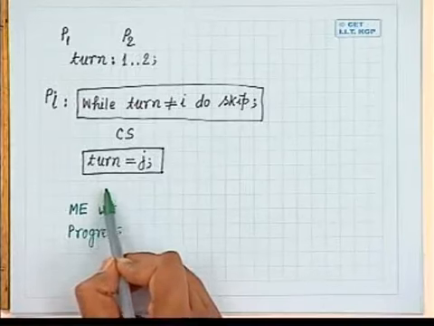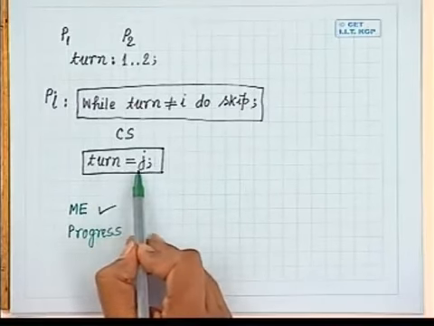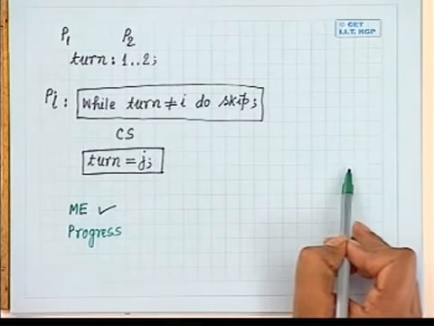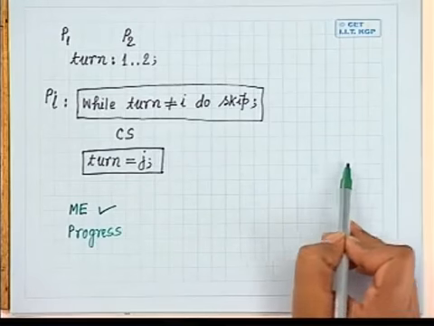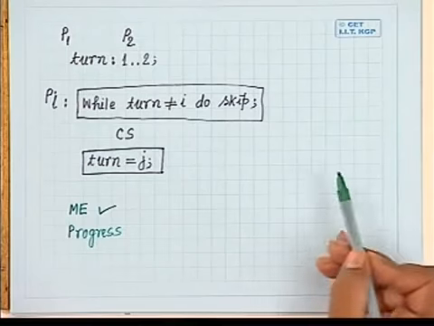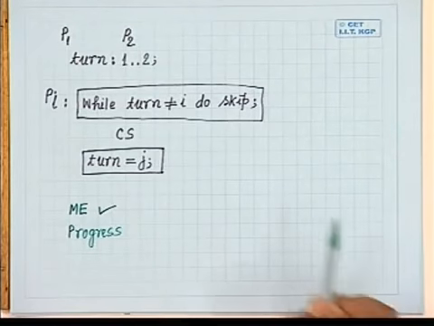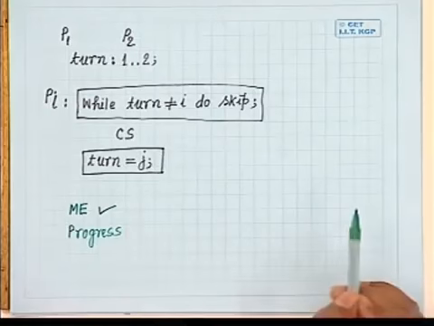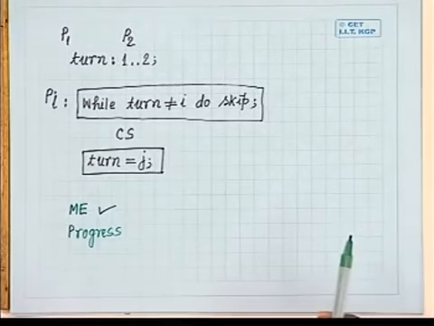Now when can turn be equal to 1? Turn can be equal to 1 in the exit section of process P2, because only in the exit section of process P2 will the value of turn be set equal to 1. But because P2 does not want to enter the critical section, obviously it will not enter the exit section. So value of turn will never be set to 1.